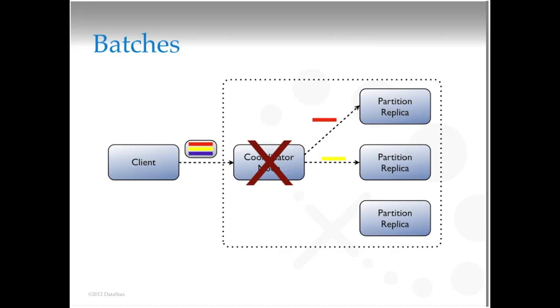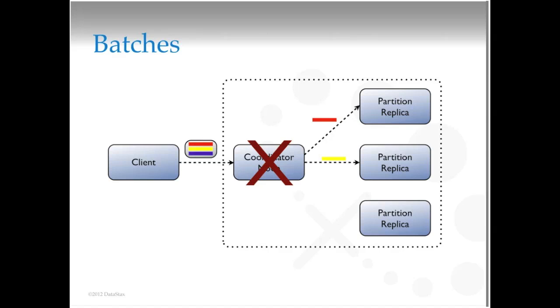What we've said in the past is that the client is now responsible for reconnecting to a different coordinator and retrying that batch to deal with that coordinator failure. But that's the wrong solution. This is really something that the server should be handling instead of pushing it back onto the client.